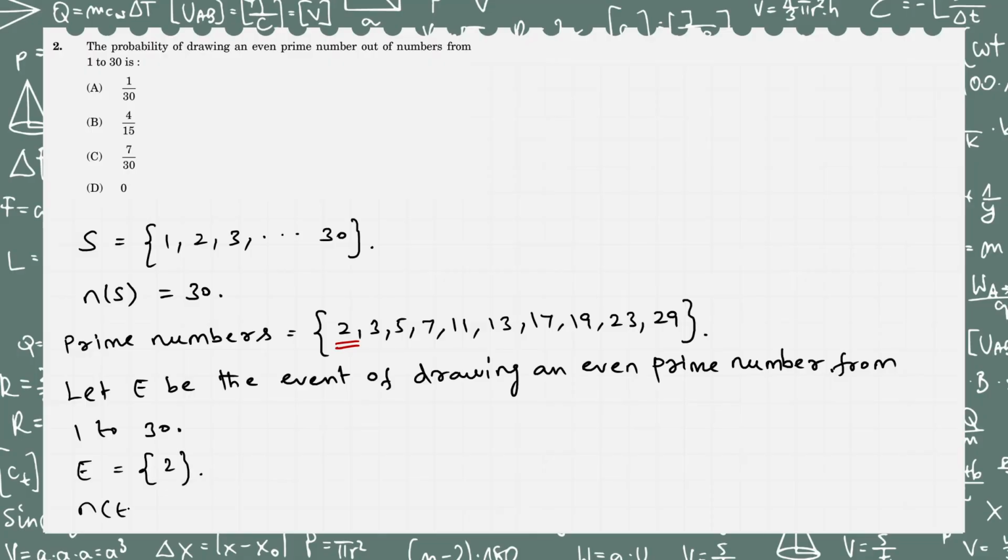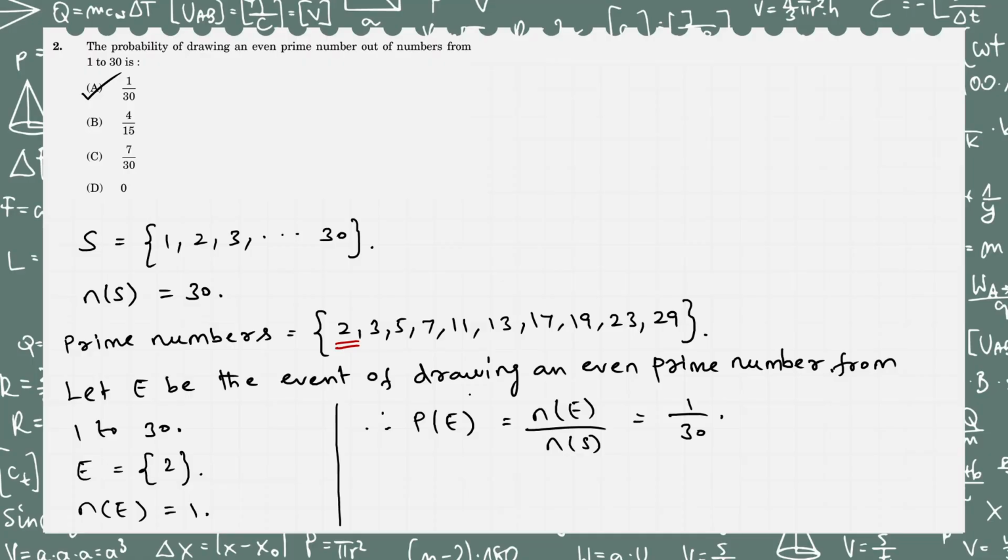So n of E will be 1 because the number of elements inside the set E is only 1, right? One element is there. So n of E is 1. So probability of drawing an even prime number equal to n of E divided by n of S, which is 1 divided by 30, and option A is the correct answer.